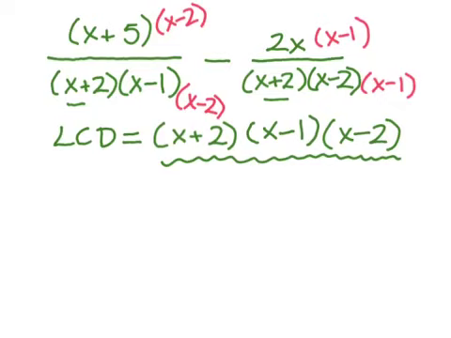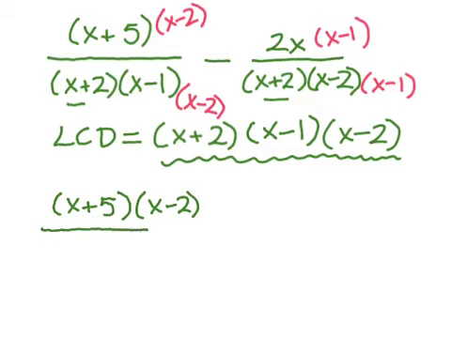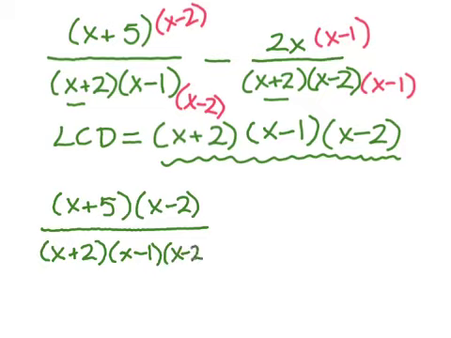We want to go ahead and actually rewrite this now with the common denominators in there, so we can see what we're actually working with. And for the first one, we've got x plus 5 times x minus 2 over all three of these, x plus 2, x minus 1, x minus 2.